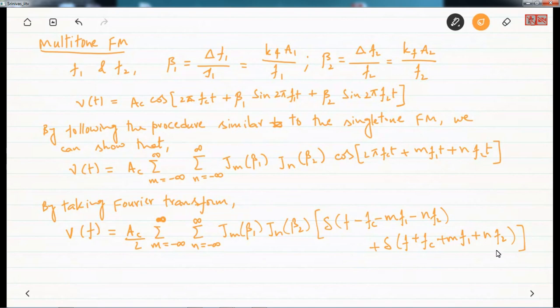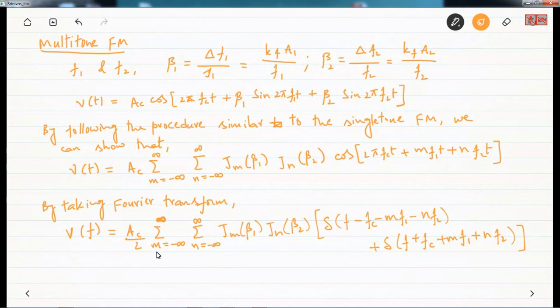Now based on this, let us make some observations, right? So what are the observations? One observation is, we have a carrier component here also. See, here m goes from minus infinity to plus infinity, that means m also takes the value of 0, and n goes from minus infinity to plus infinity, so n also takes the value of 0.